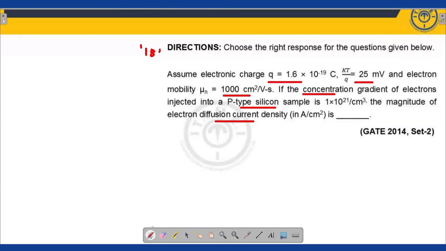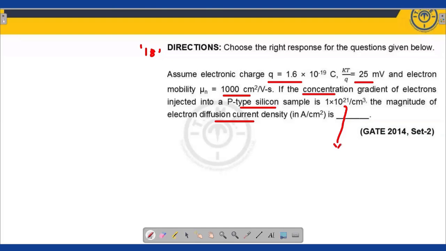And the mobility is given, and the concentration gradient of electrons injected into the p-type. So when electrons are injected into the p-type, what happens, my dear students, is not drift. Diffusion is happening. So he has given the q value here and here. This is the injection into the p-type.